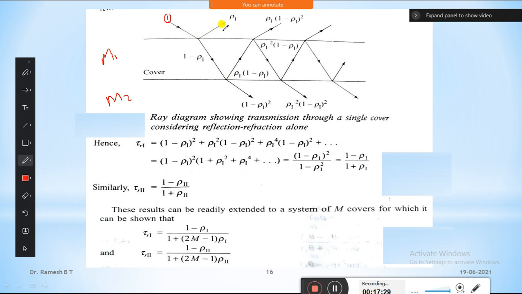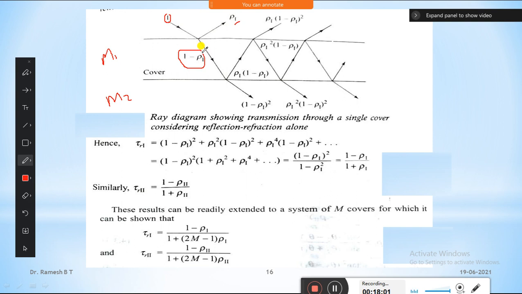Reflection means it will be wasted to the space, going back to the space, or it may come back as diffuse radiation, or it may simply be wasted to the space. We don't know that. We just neglect this rho 1, and the next one, I minus rho 1, gives the amount of refraction, the amount of the ray entering into the cover.